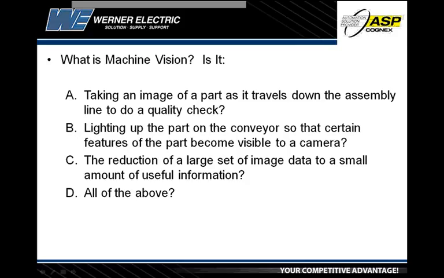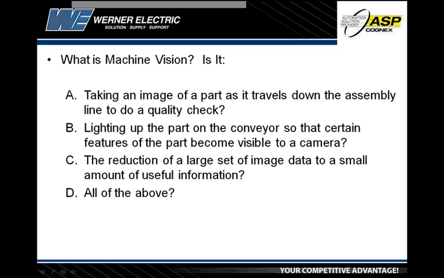Is it lighting the part up on the conveyor so that certain features of the part become visible to the camera? Or is it reducing a huge set of image data down to a small amount of useful information? The typical information that you get is just a simple pass-fail. Either it's a good part or a bad part. Or is it all of the above? And it is all of the above.